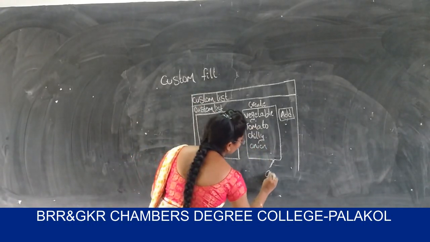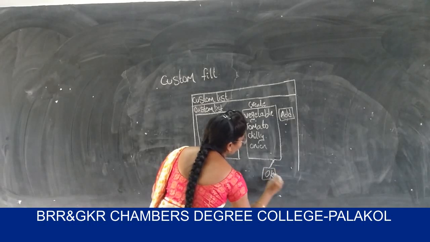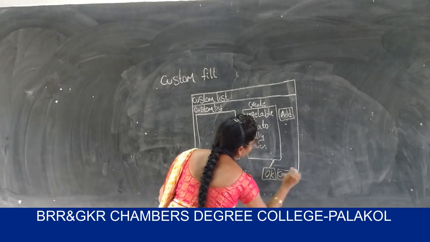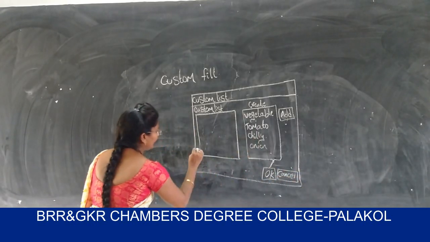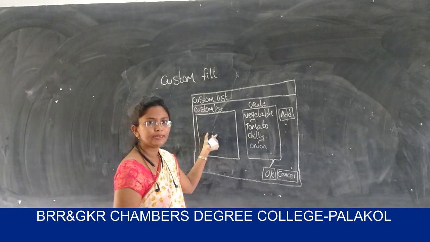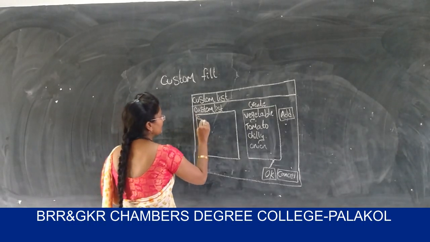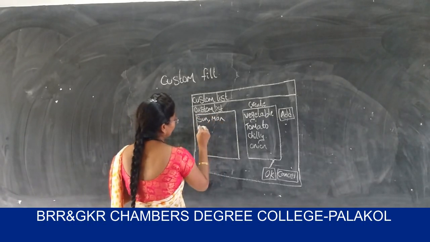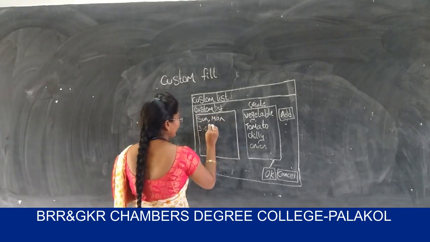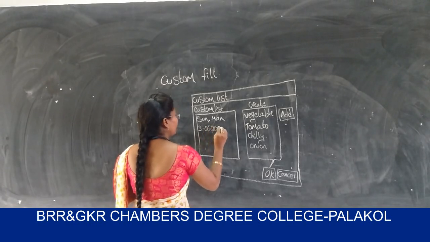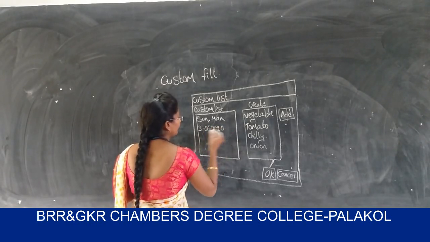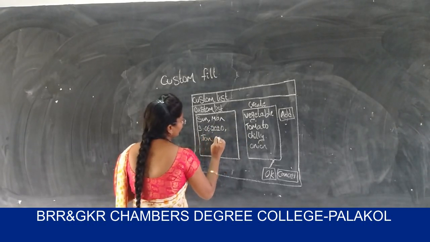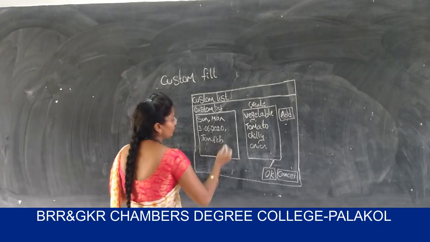After creating the custom list, at the bottom you can see the OK button and Cancel button. At the left hand side, already created entries will appear. That means already created entries like Sunday, Monday, and dates will appear over here, and the next date, and next months will appear over here.